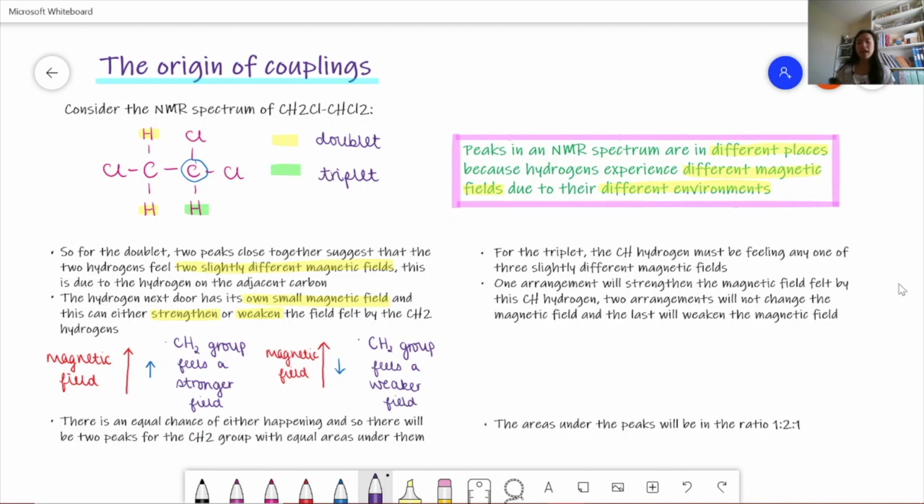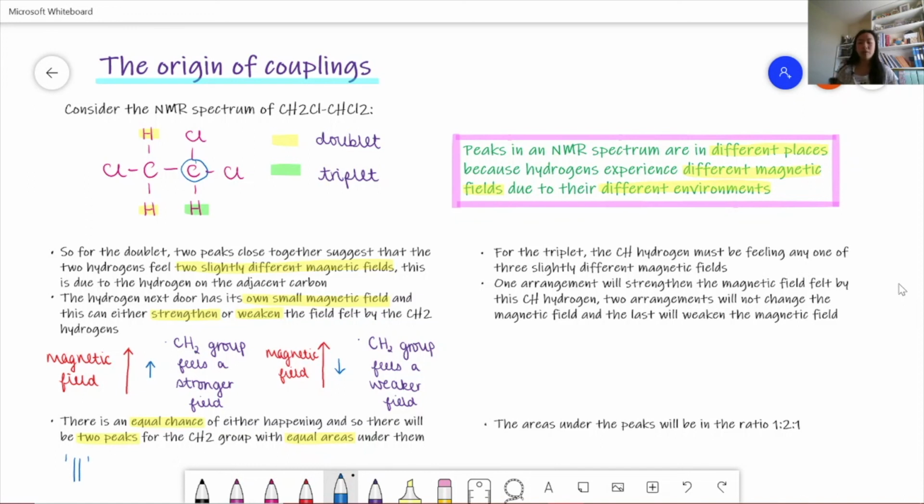And there's an equal chance of either one of these arrangements happening. And so there'll be 2 peaks for the CH2 group, so a doublet, with equal areas under them. So that's why doublets look like this, in the ratio 1 to 1.